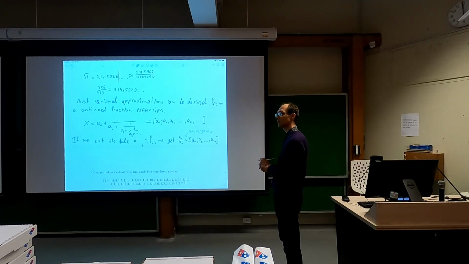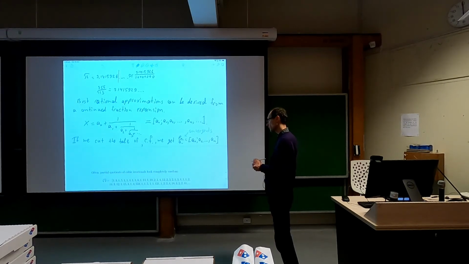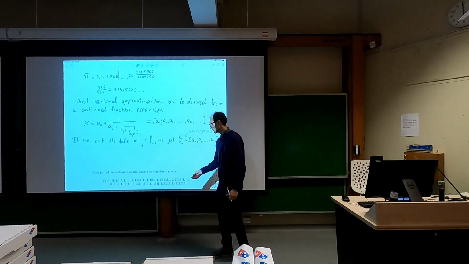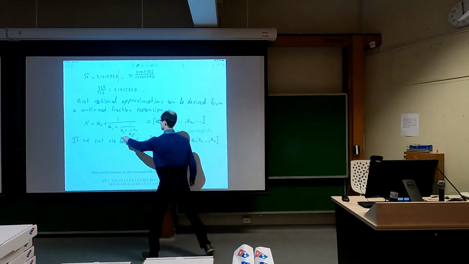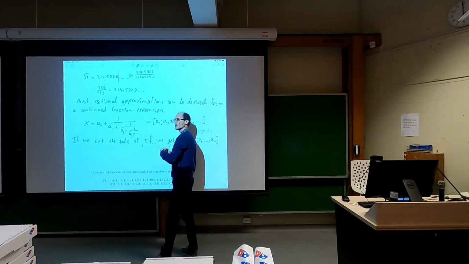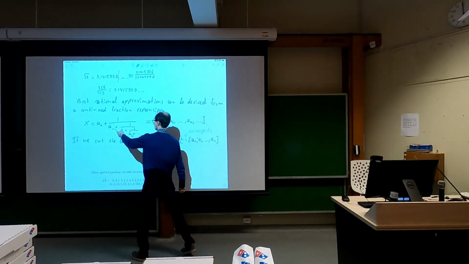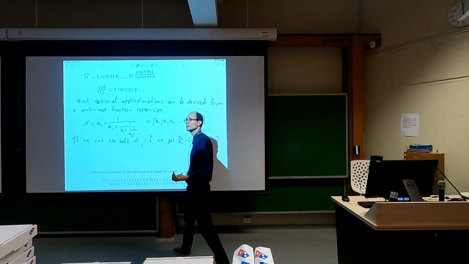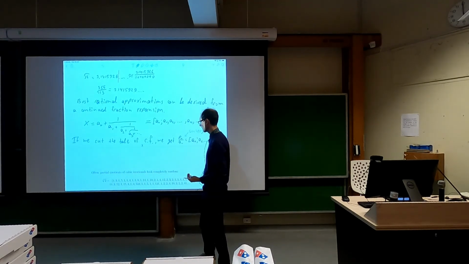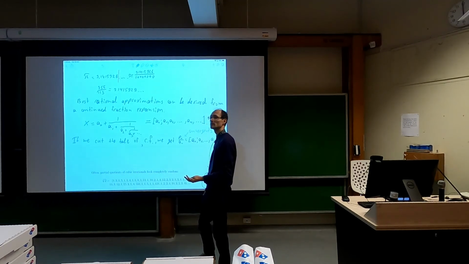And usually the problem is that we do not know the continued fraction expansion of the number. Of course, we can compute as many coefficients, which are called partial quotients, as we want. But they usually look quite random, and there is no pattern, right?